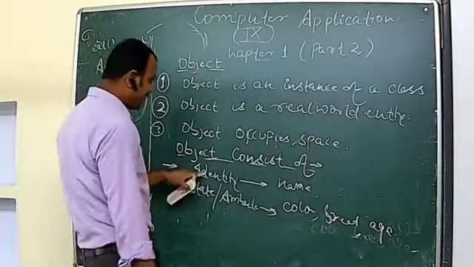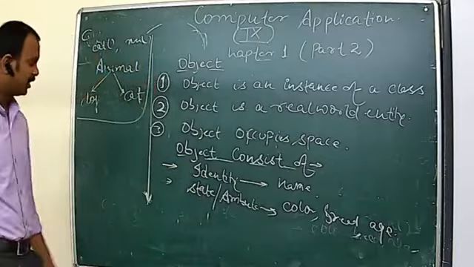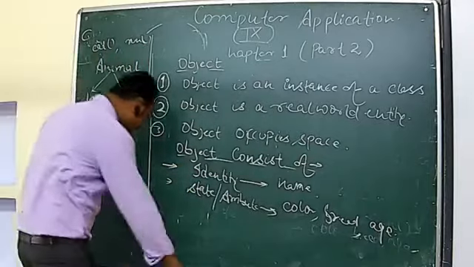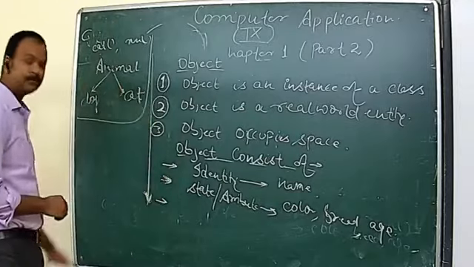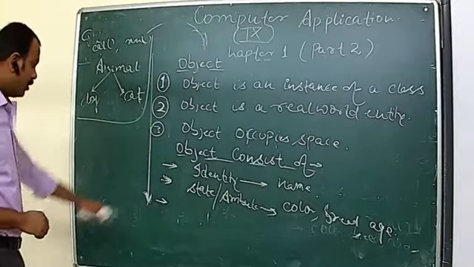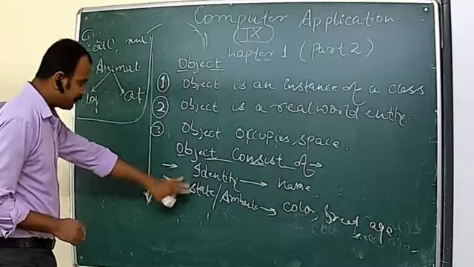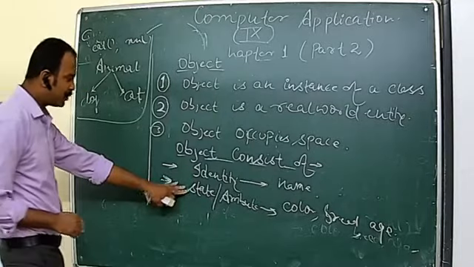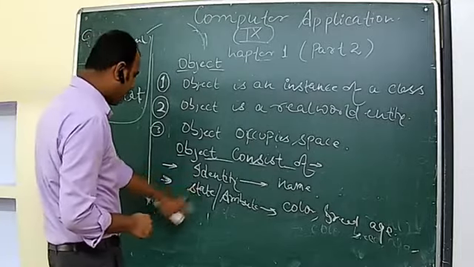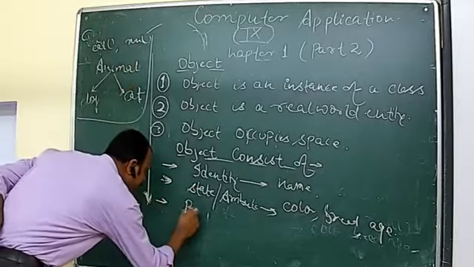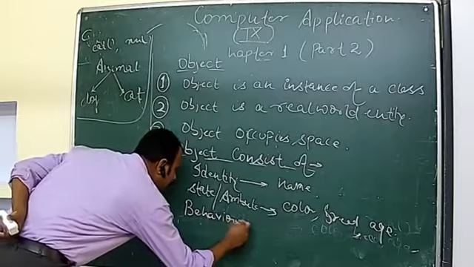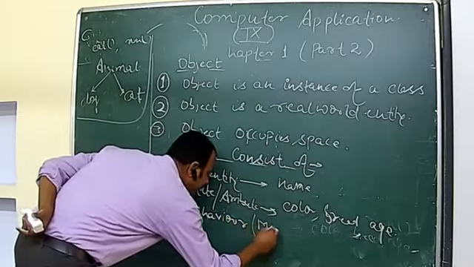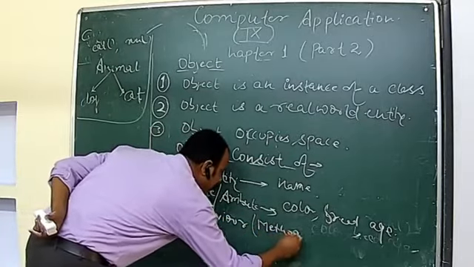Identity, state or attributes, and it will have behavior. Behavior, you can call it methods or functions.